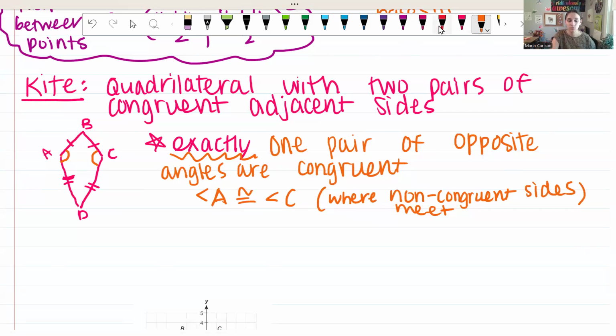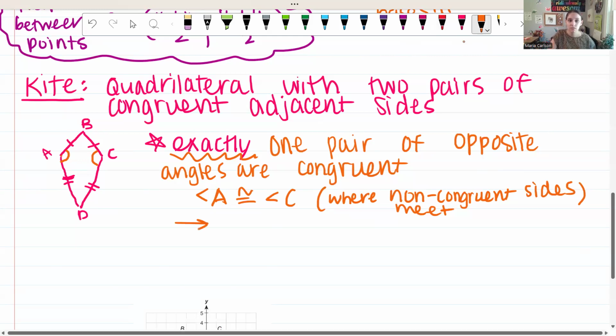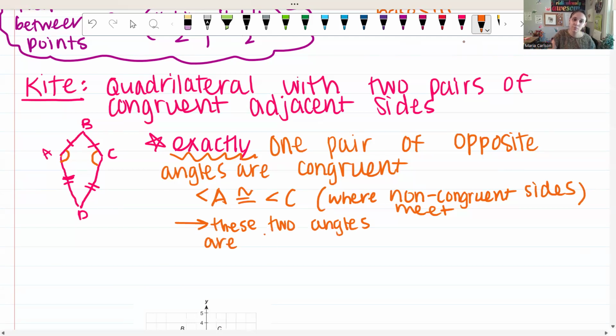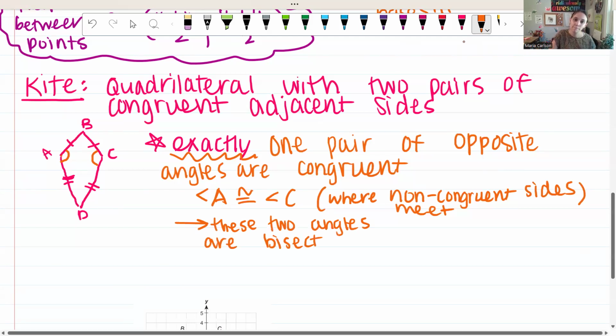And then we also can say in a kite that these opposite angles, these two angles, are bisected by their diagonal.